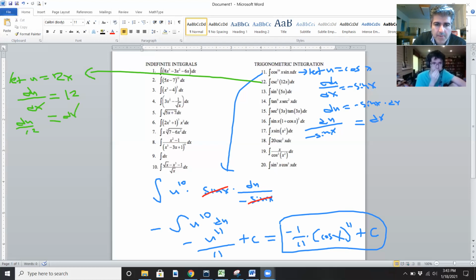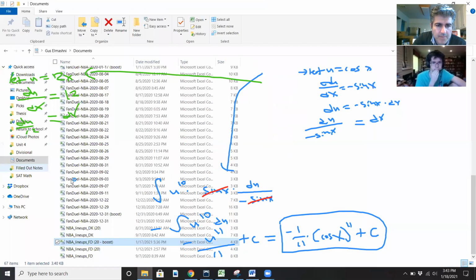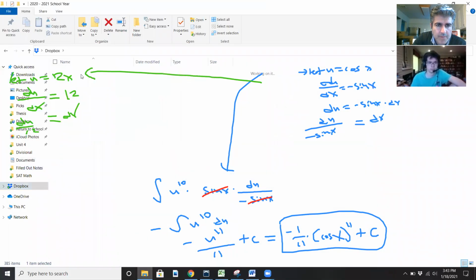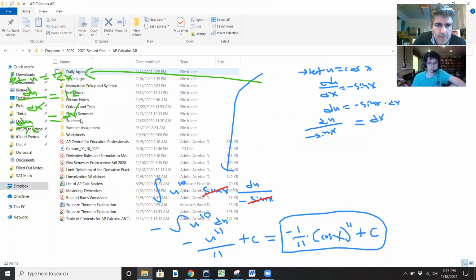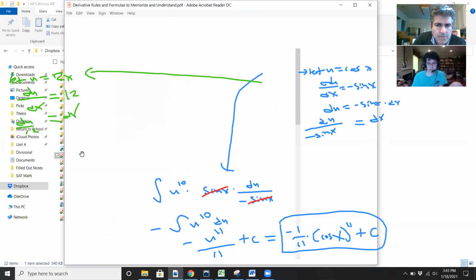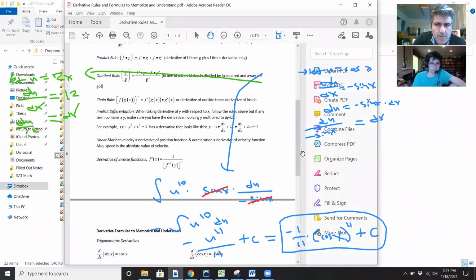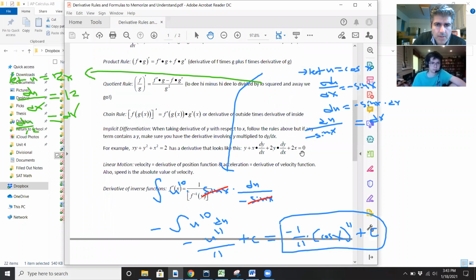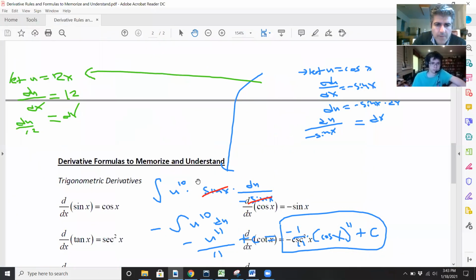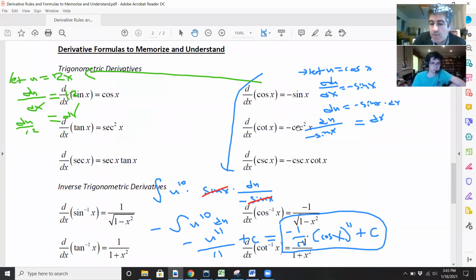This is where I'm going to consult my notes here. Here we go. So you see the derivative of cosecant squared. The derivative of cotangent is negative cosecant squared. So the antiderivative of cosecant squared will be negative cotangent x.